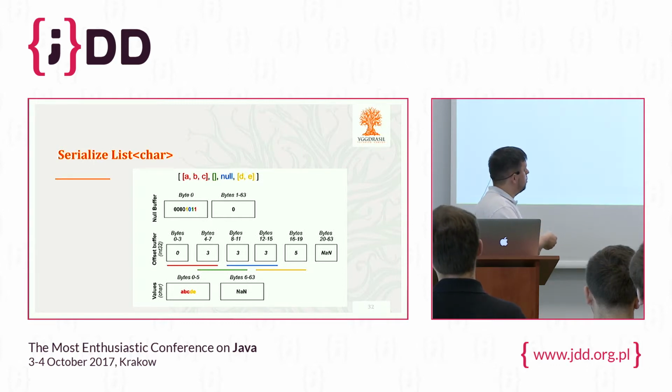Then we need to store information where there are offsets. So it's easy: when we have this information to read, we check, OK, the first element, do we have a null? No, we don't have. So we go to our offsets, and to read this first element, we need to read from our values 0 to 3 bytes. So we're reading A, B, C.